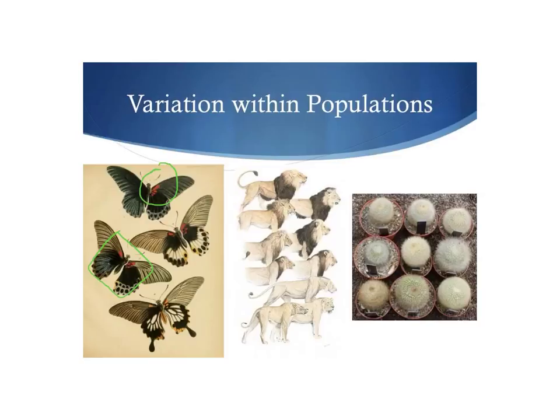As when you're looking at the variation within lions, all sorts of different colors of manes, patterns, shapes and sizes, and even within the plant kingdom, you have cacti that are different sizes and different shapes, different colors, different patterns. So how do we get all this variation within the same gene pool?